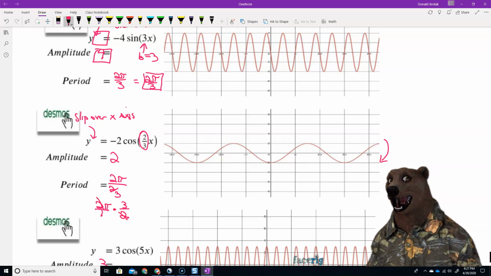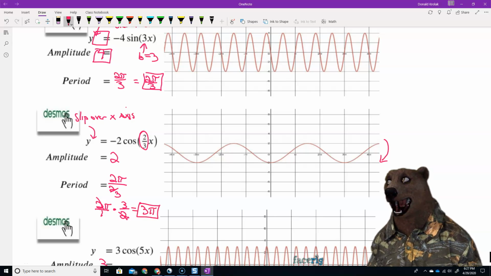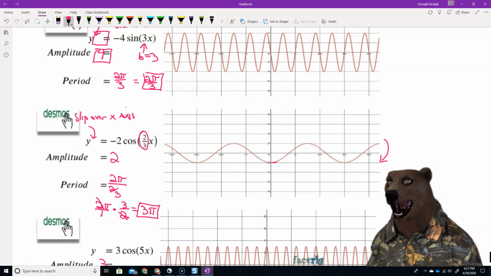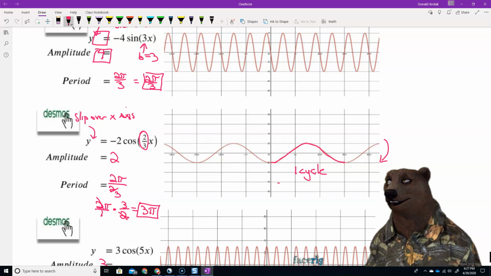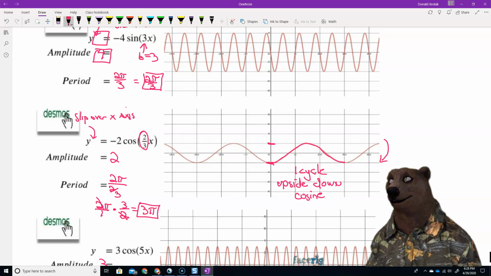The 2's cancel, and I end up with a period of 3 pi. So it takes me 3 pi to see a full cycle. There's one cycle of an upside down cosine, because of the negative. And it goes from 2 to -2.